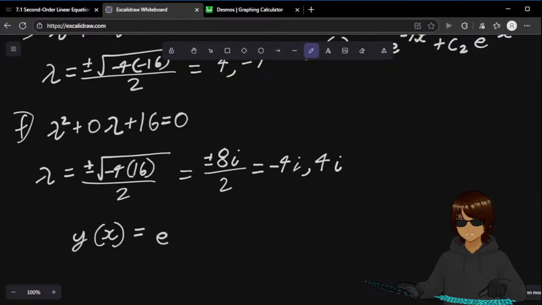E to the power of alpha x, but there is no alpha, so it's just 1. C1 cos beta, but the thing is, if I put minus 4, it's not going to make a difference.